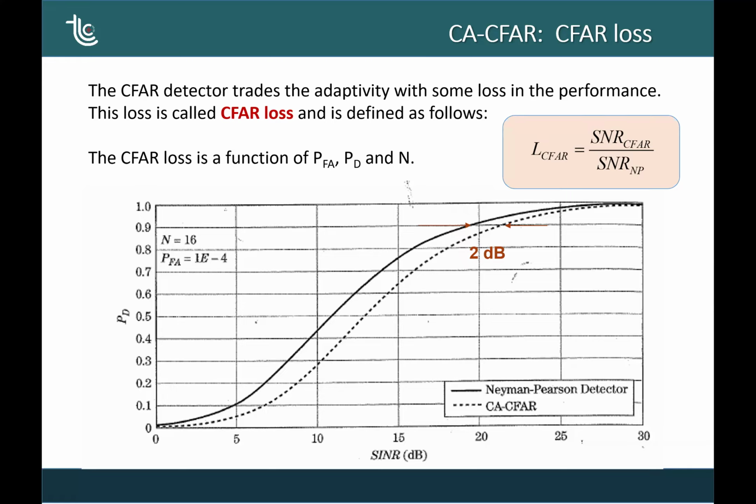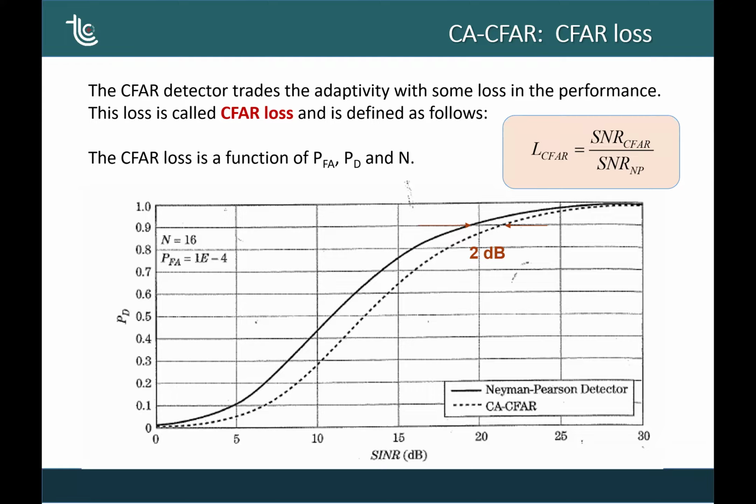In which sense? It is defined as the CFAR loss. The definition of the CFAR loss is the ratio between the signal to noise ratio necessary in this constant false alarm rate detector divided by the signal to noise ratio in the Neumann-Pearson detector.